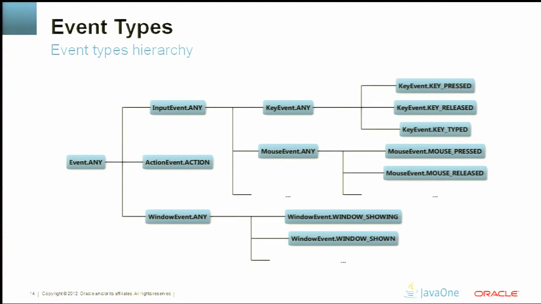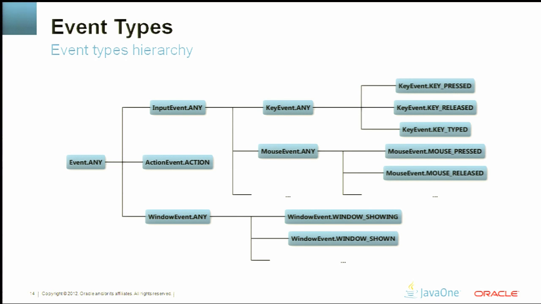Here is a picture which shows how the hierarchy looks. So there is some root event type which is called event any or event root, that's the same. And then it has some subclasses, input event any, action event, and so on.